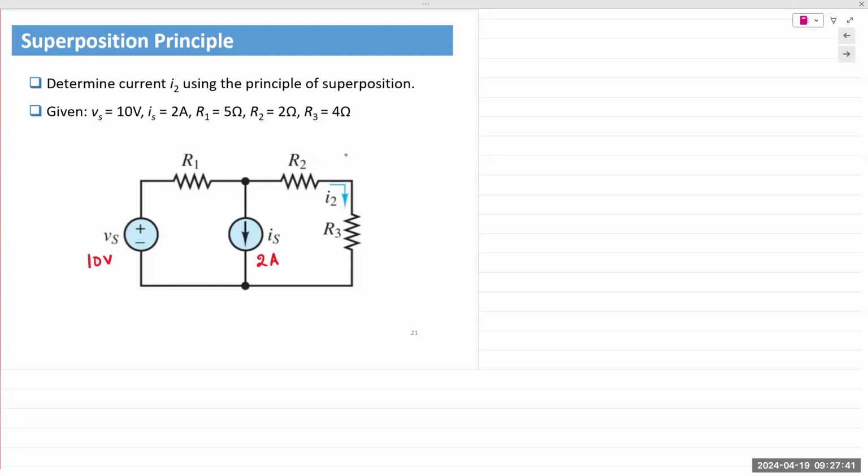So let's start first with Vs. I'm going to say Vs is active and Is is inactive. So you draw the circuit exactly as it is without changing anything except for the sources.